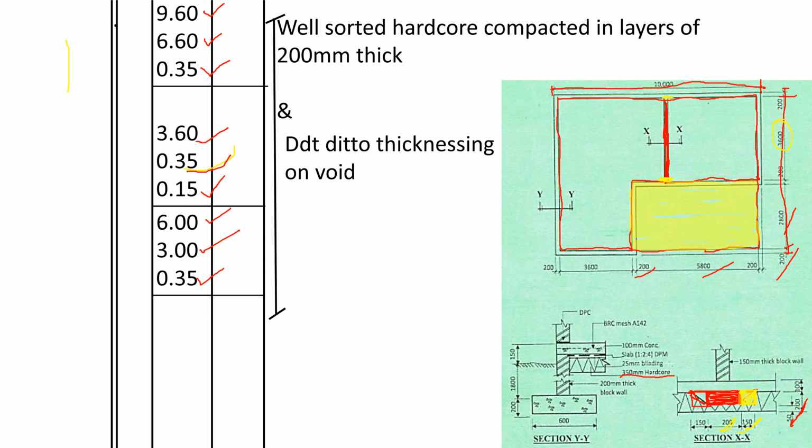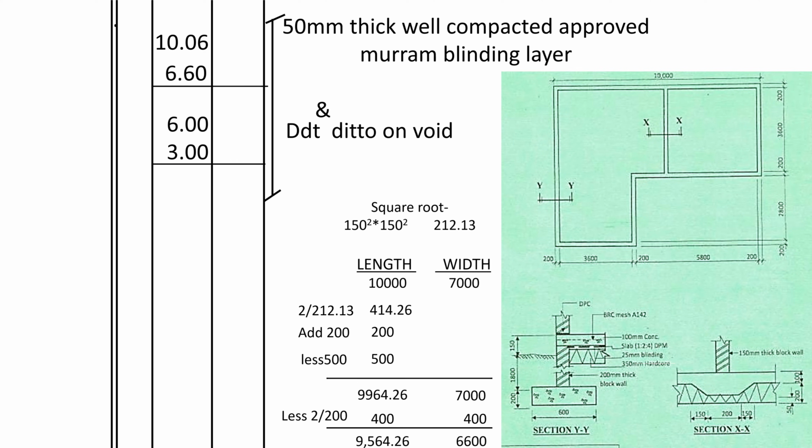Okay, so next we shall go to taking of murram blinding. The murram blinding shall be on top of the hardcore, but you can see that unlike the hardcore where we are measuring the volume, for the murram blinding we are measuring the area. So on section XX, where we have this triangular part, you can see the length, how it's going.